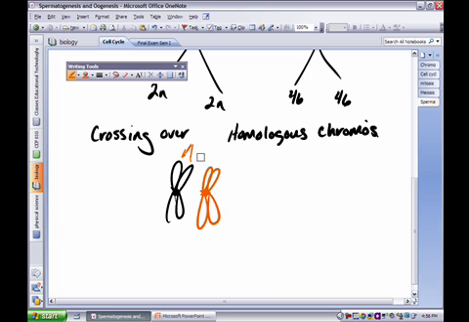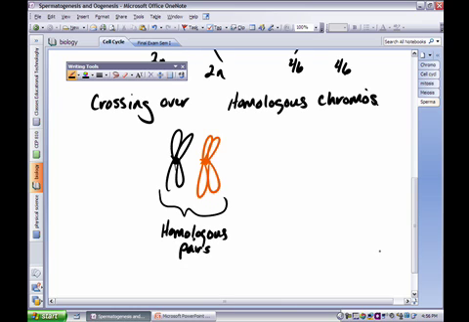Now, what is also true is that these chromosomes, for our purposes, are going to be homologous pairs. So we can indicate that these two are called homologous pairs. The reason that they are homologous pairs is because they contain similar genetic material.